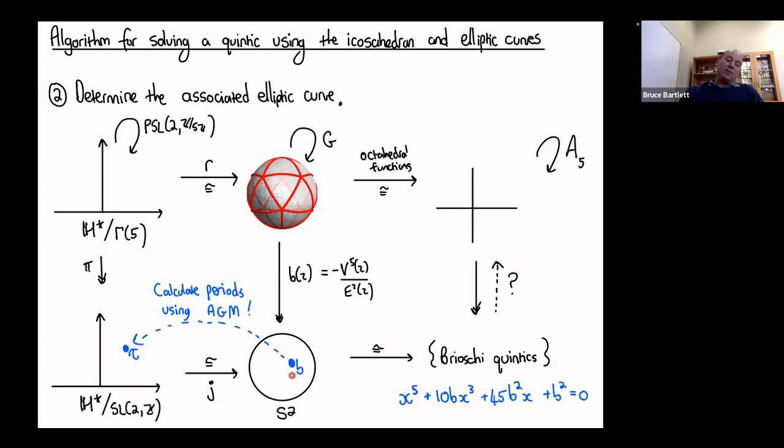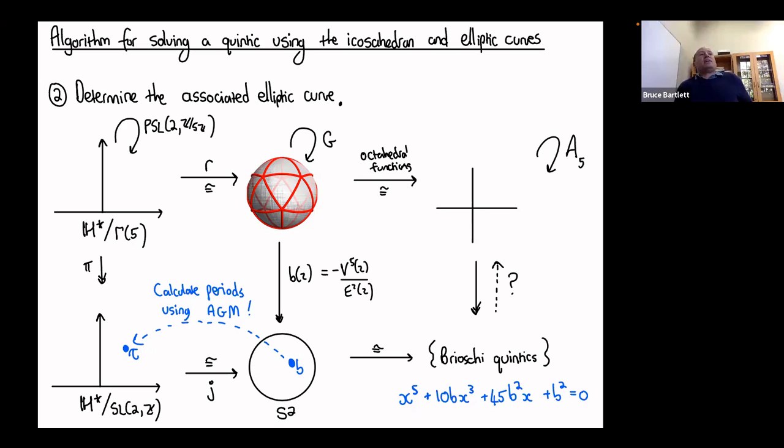So what do you have to do? This b is the j-invariant of an elliptic curve. I then need to calculate the point tau such that C modulo the lattice spanned by 1 and tau has this j-invariant. That essentially means calculating the periods of this particular elliptic curve. How do you calculate periods of an elliptic curve?